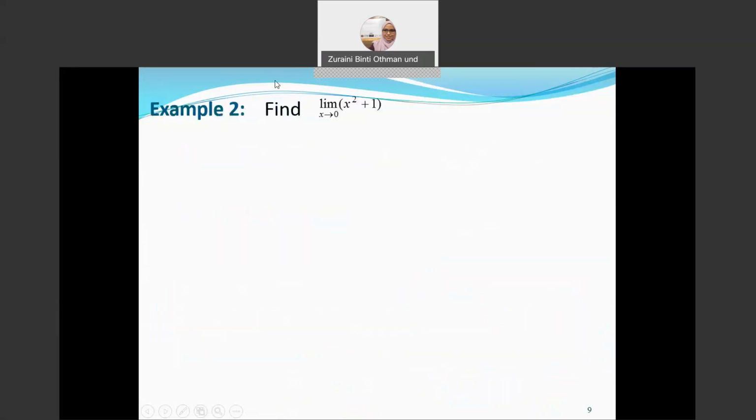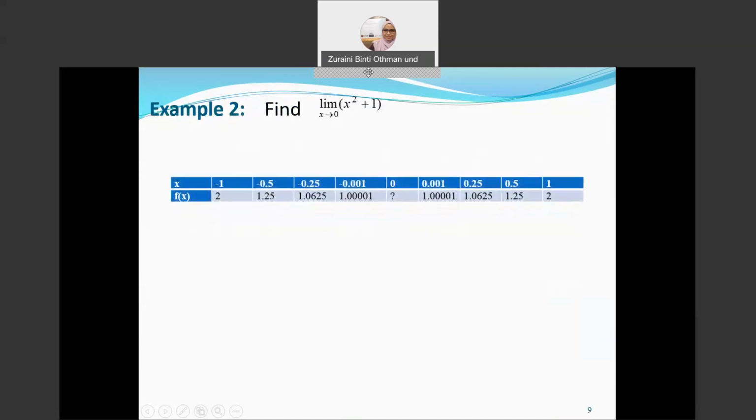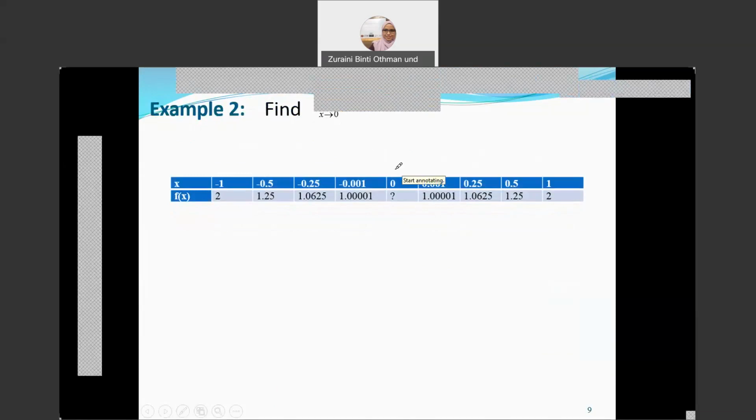Okay, for example 2, we want to find the limit as x approaching to 0, maksudnya pada x yang menghampiri titik kosong, x square plus 1. Okay, so now we look at the table. Okay, we look at the table, here is 0, right?